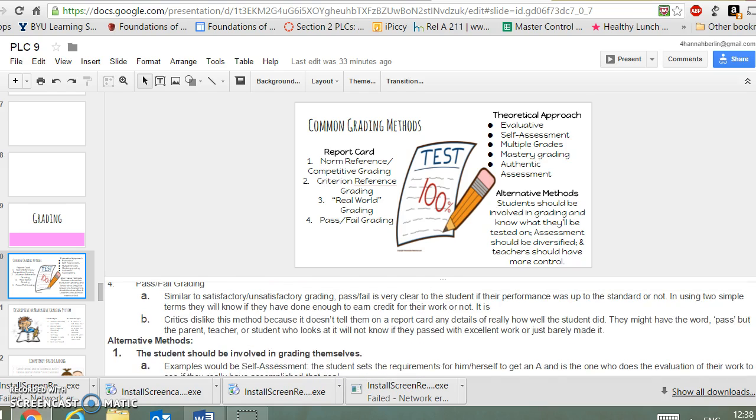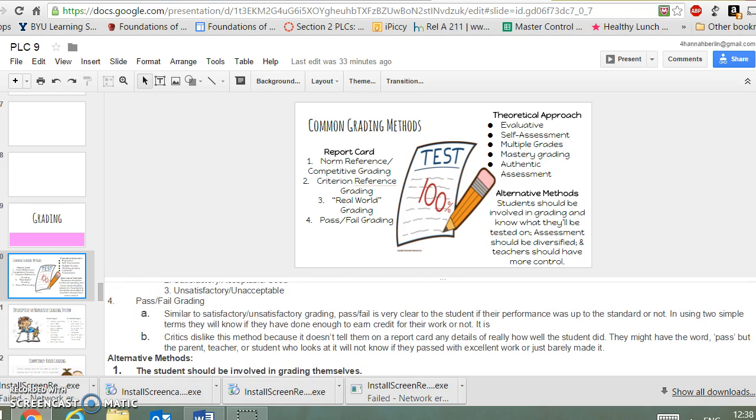The last one is pass-fail grading. It's very similar to the satisfactory and unsatisfactory grading because it just gives them kind of one word, summarized definition of how well they're doing. Either yes, they understand it, or no, they don't.